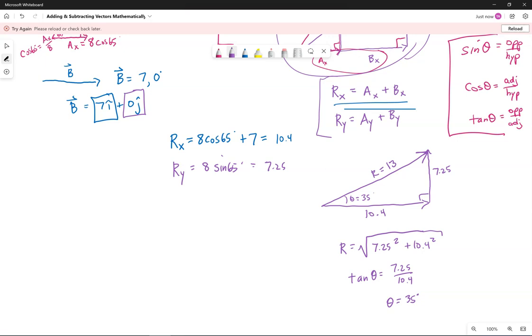So rather than adding 8 and 7 and getting 15, the length of this vector ends up being shorter because vectors A and B are not along the same line. We can always maximize a vector if those two vectors are pointing in exactly the same direction. We could minimize it if they point in exactly opposite directions.